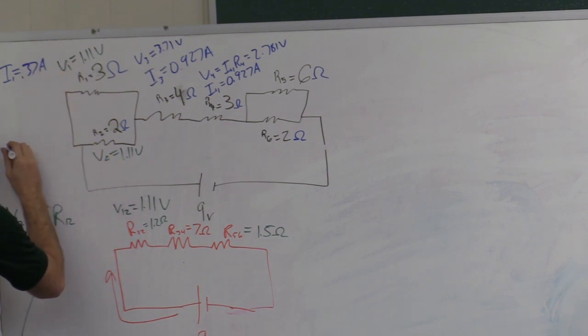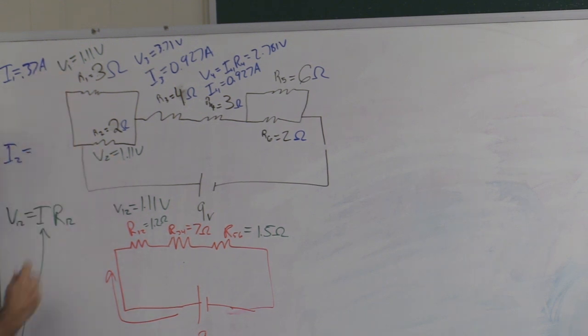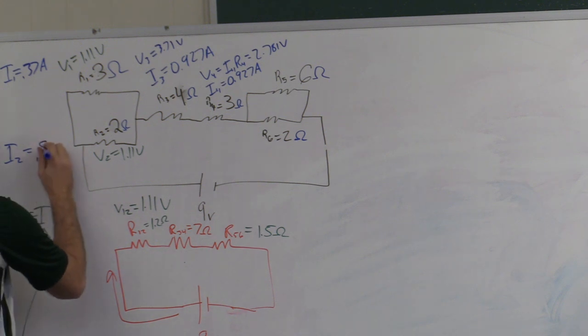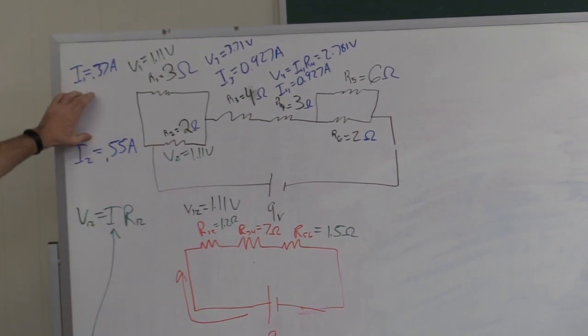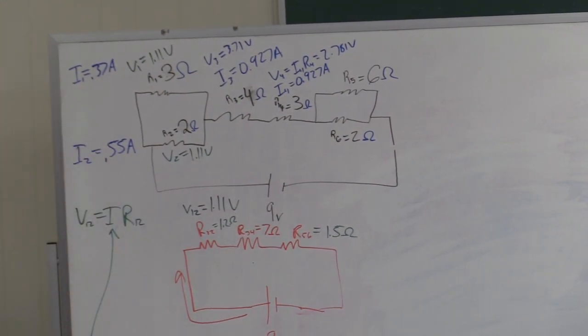And I2 is V2 divided by R2. It's going to be just a little bit more than a half. 0.55. If I add those two things together, I should get 0.927 by my other rules.